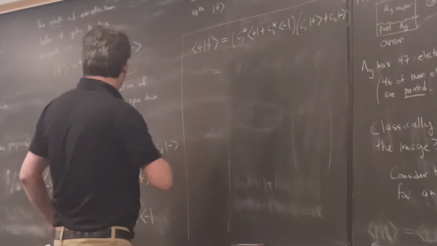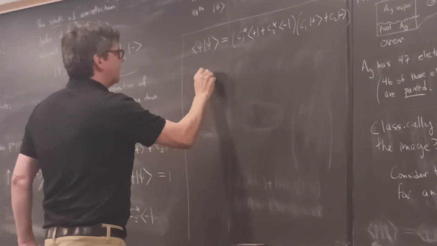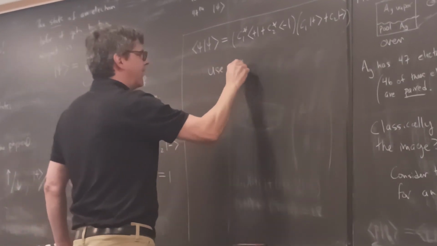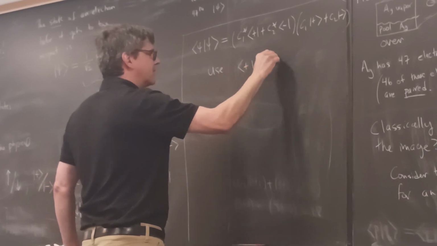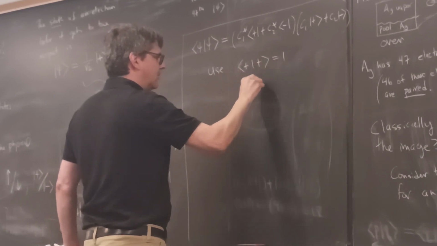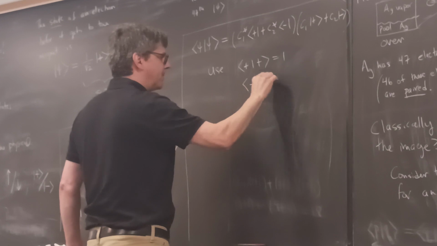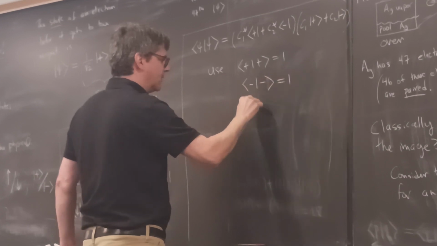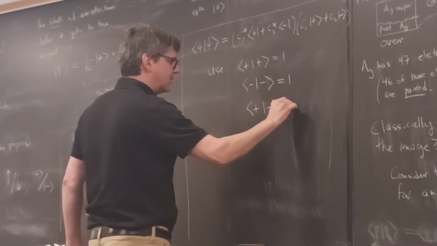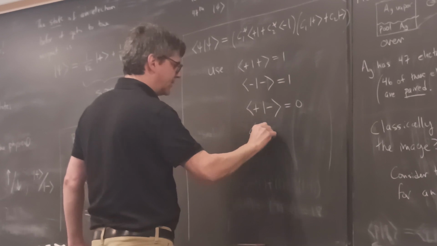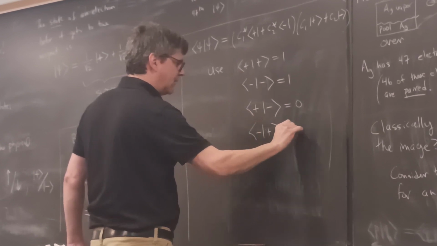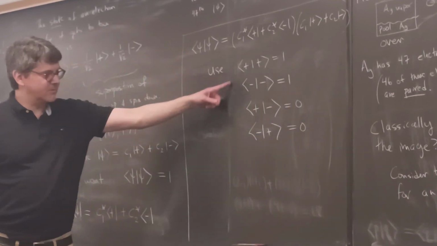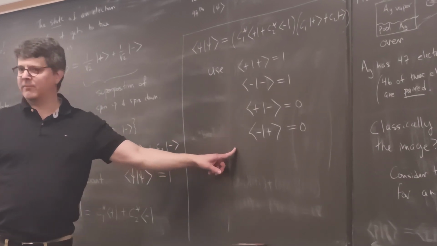And now I'm going to use the fact that plus plus is 1, minus minus is 1, and plus minus is equal to 0, and minus plus is equal to 0. This is just orthonormality of our vectors.